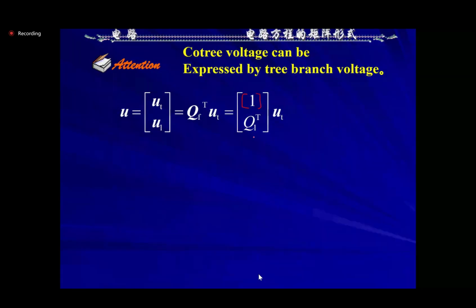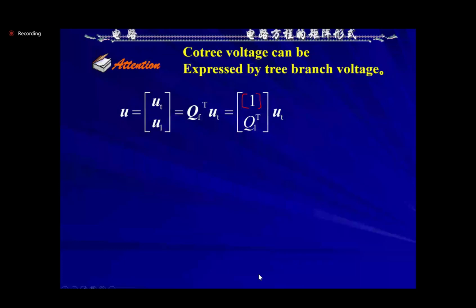This means U equals this part multiply UT. So UL equals QLT UT. U will be UT and UL. UT equals 1 times UT. UL equals QLT UT.